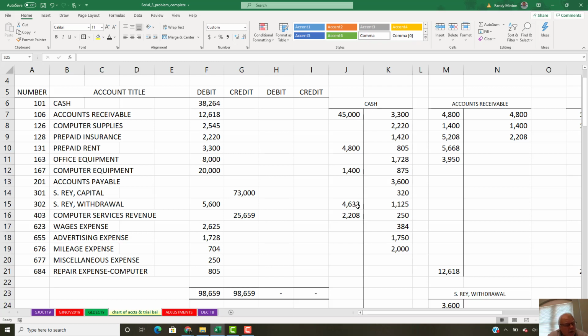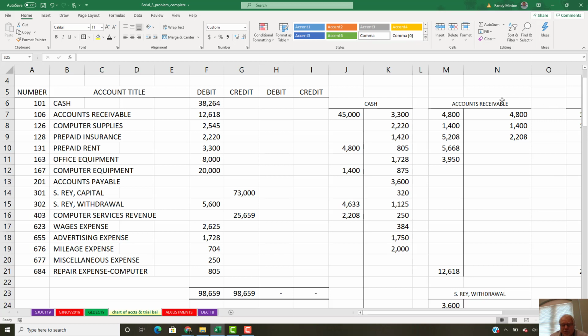All assets go up on the left-hand side and go down on the right-hand side. So anything that represented an input of cash coming in, we posted to the left-hand side, and anything that represented cash going out, we posted to the right-hand side. And that's all that debit and credit means, left and right, respectively.